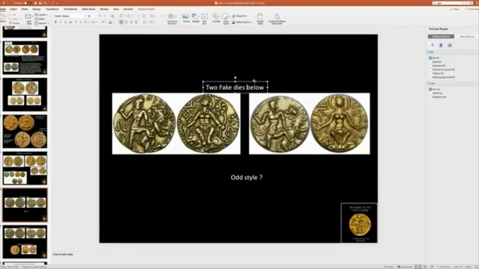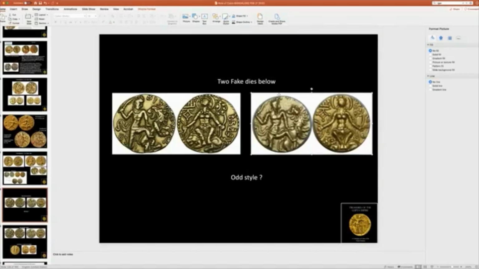So the second question, whether a coin is real or fake: the best way to understand that is to try to understand the entire series. And not just the entire series, meaning not only the coins of Chandragupta II, but the coinage of the whole Gupta dynasty.